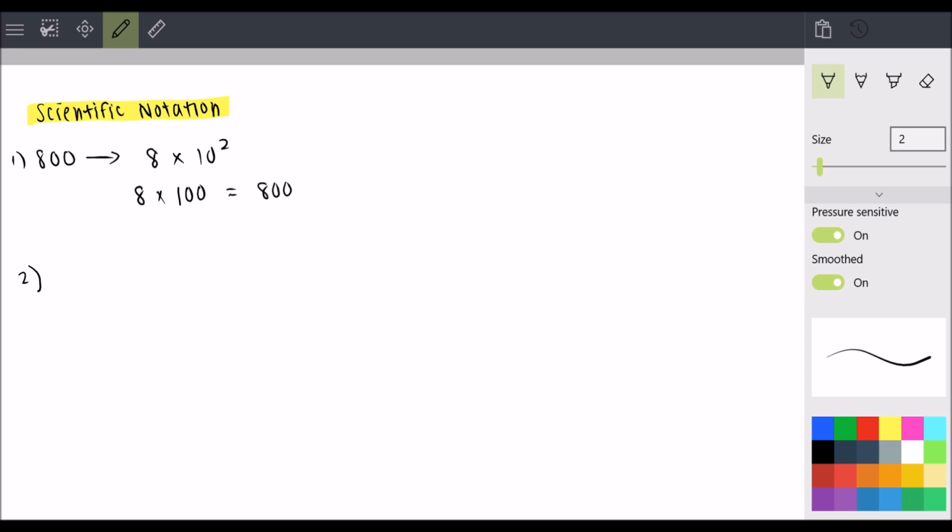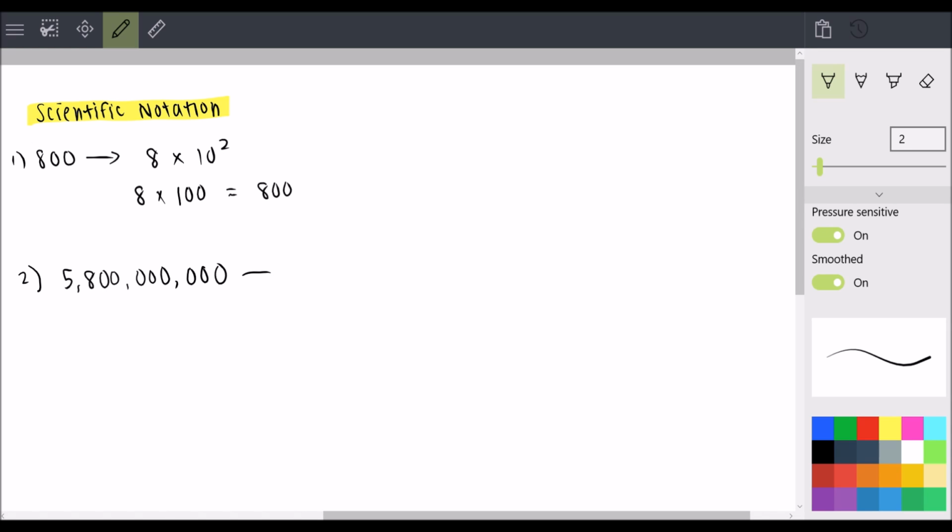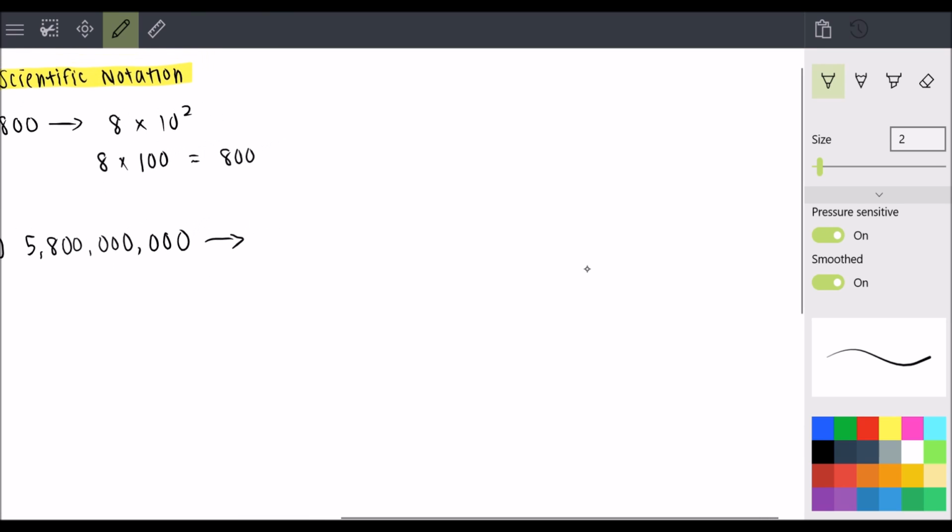Okay, let's take a look at another example. Here we have 5,800,000,000. This number, if we did not condense it in some way, would be a hassle to write everywhere in our calculations.